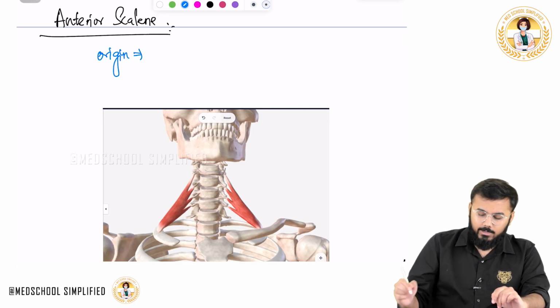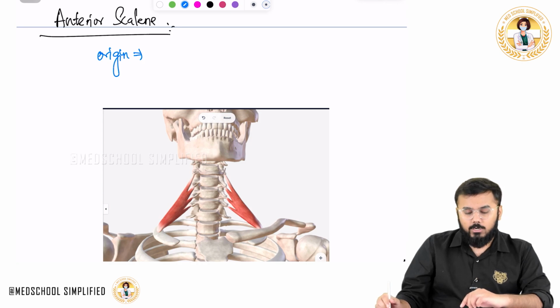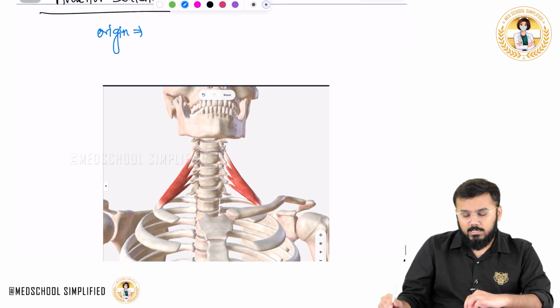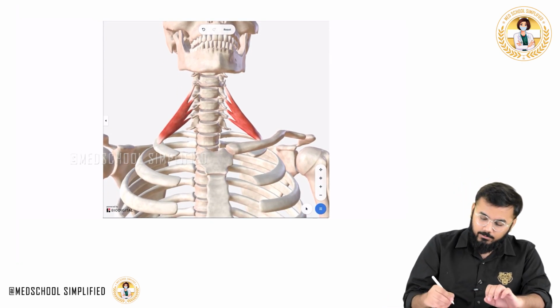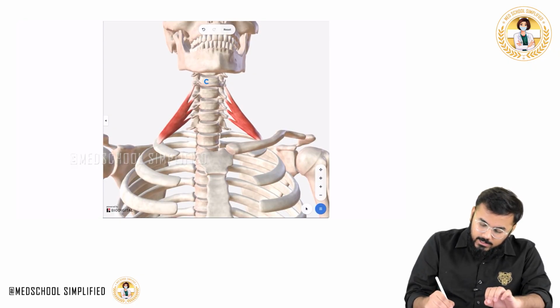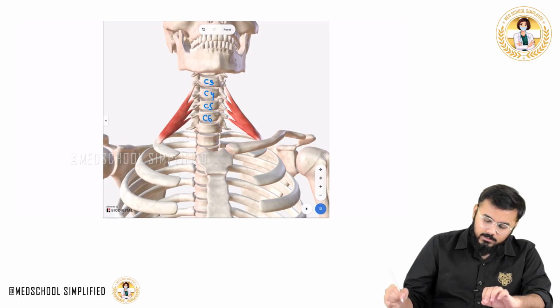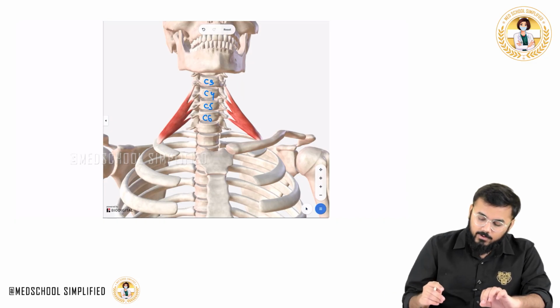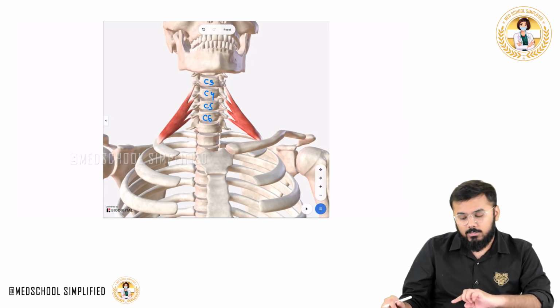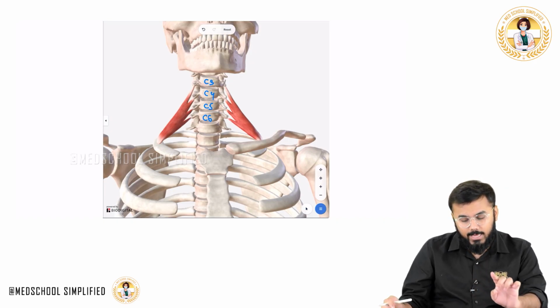This muscle is originating all the way from C3 to C6. For example, let us say this one is C3, this is C4, this is C5 and this is C6. You cannot see the transverse process here, but I will show it to you in the animation.